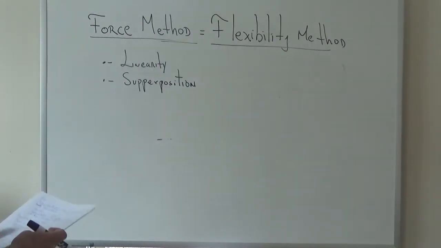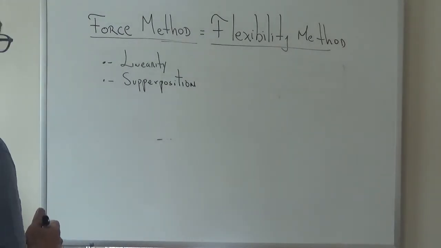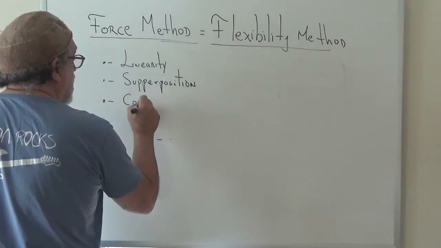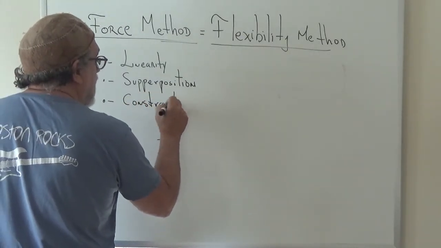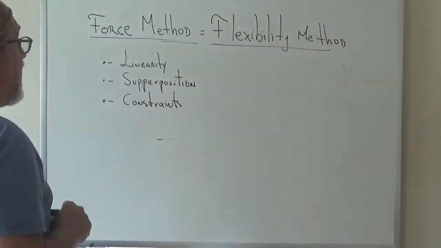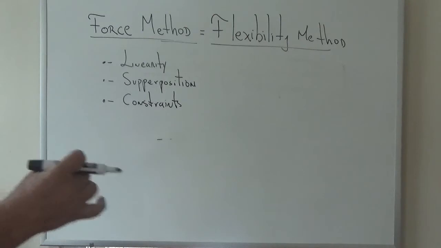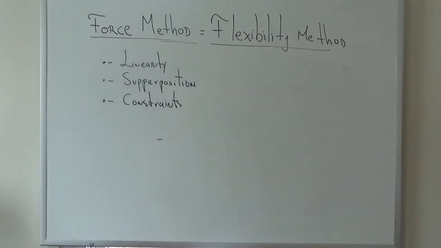So that we can use superposition, and we will then exploit constraints. That is, constraints meaning we will exploit the fact that we can say this point has no deformation, or we know the deformation, or this point has no slope, or we know the slope, and things like that.